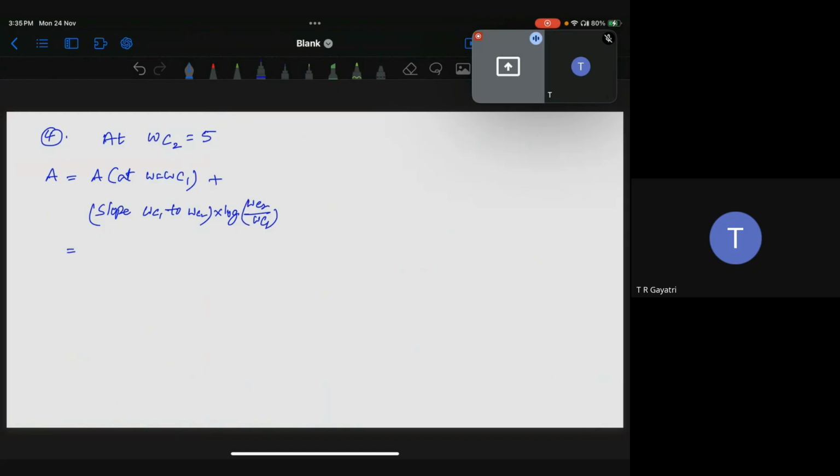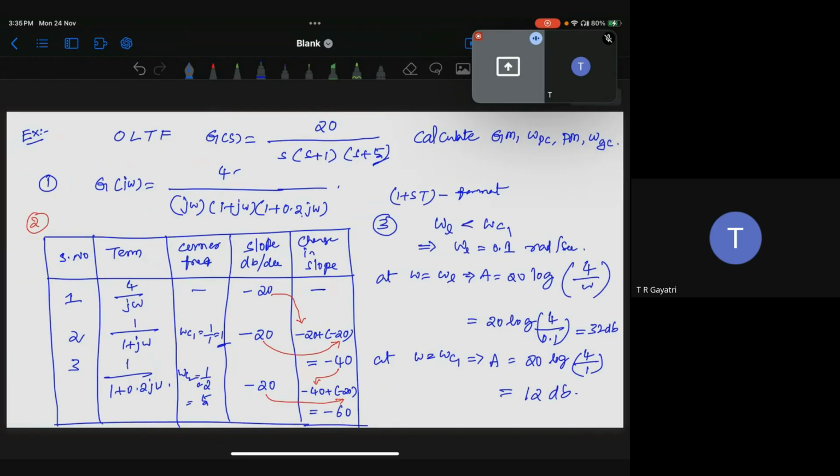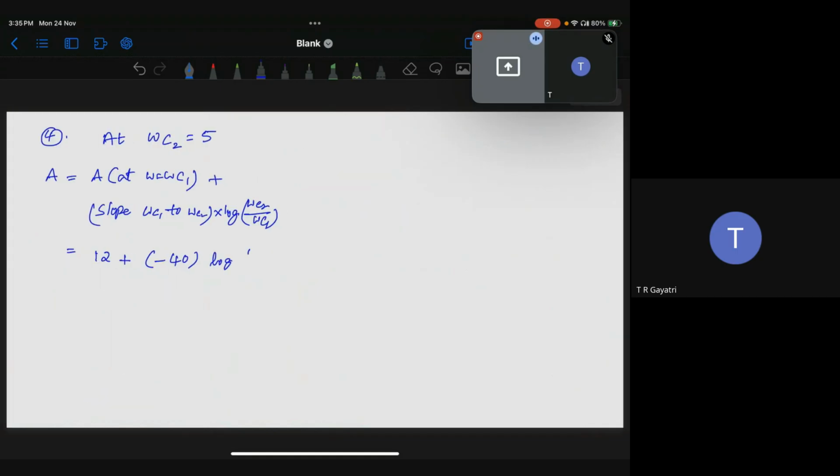So this value is 12 plus slope change, which is minus 40, multiplied by log 5 by 1. This is 12 and this is minus 28. You get minus 16 dB.